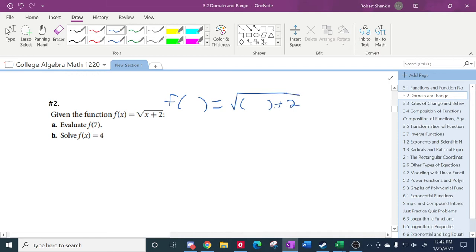That's what a function is. It corresponds inputs to outputs. And when we put 7 inside there, we get the square root of 7 plus 2, which is the square root of 9, which is 3.